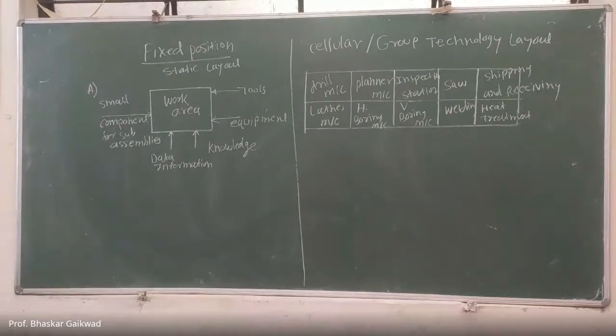This is called mechanization, and material handling cost is very low. Less work in process, easy inspection, effective production planning and control, and maximum utilization of all floor space and the three types of resources: man, material, and machine.